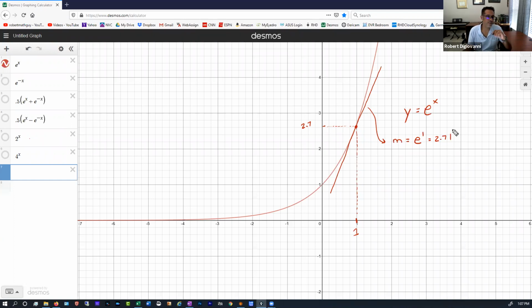This function has the unique property that the slope of the tangent line at any point on the curve is actually equal to the y value of that curve. No other function behaves that way. None. Any other function that you ever come up with, you will never have this property happen.